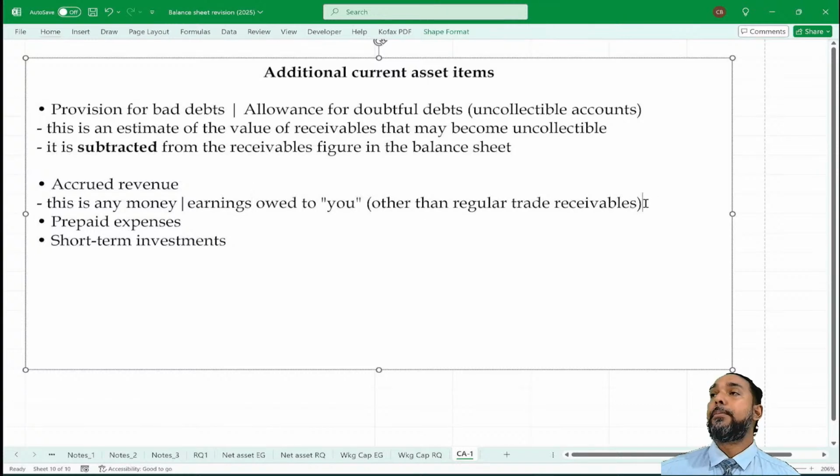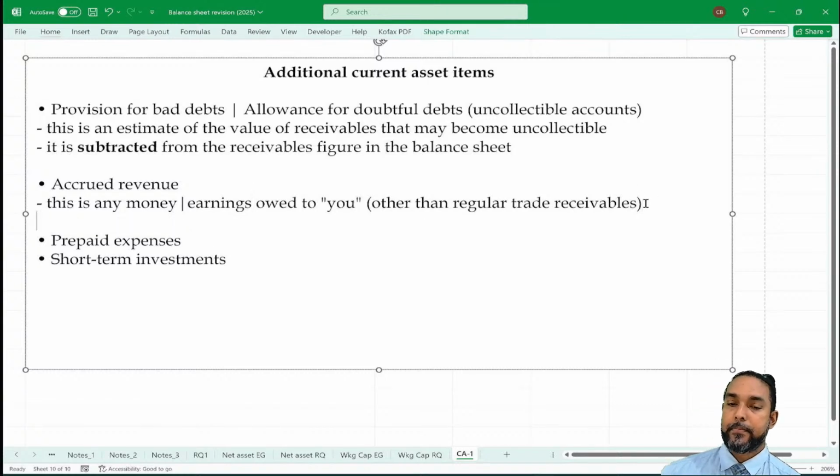For example, let's say you have money in shares. Remember we did limited companies last year, and shares pay their shareholders dividends. So let's say the company declared a dividend and says, hey, I get some money. But until you receive it, until your check reaches you, the money is owed to you. So that's another form of accrued revenue, all right?